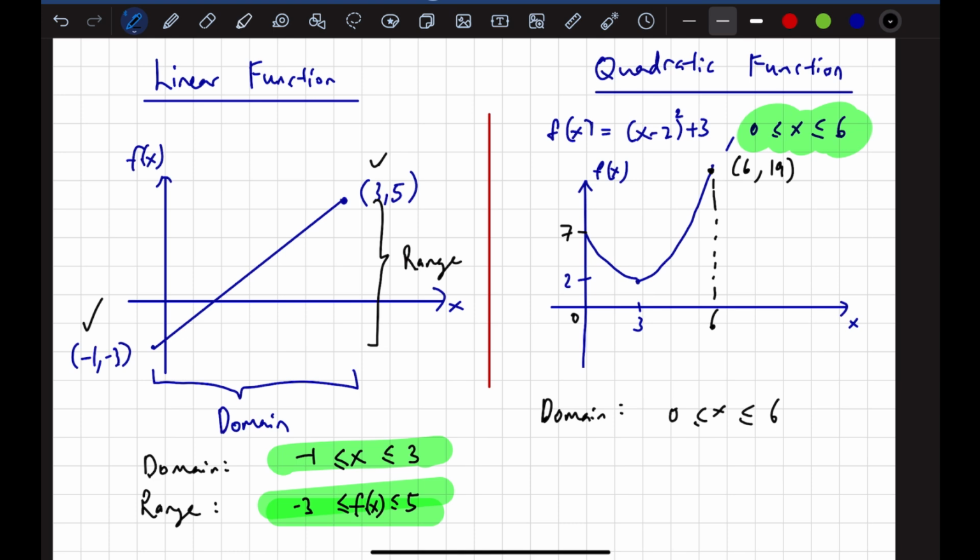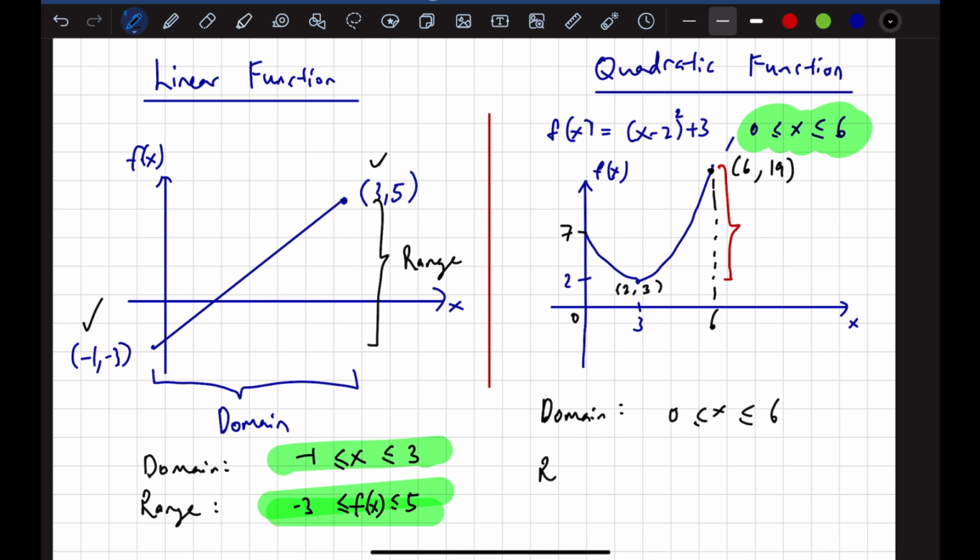Unfortunately, that's not true. The range has to start from the lowest possible point of your function, and the lowest point is not at 7. In fact, your lowest point is at the vertex itself, which is at (2, 3). So therefore, we say the range of this function is from the bottom part, which is 3 for the y, and the highest part, which is 19.